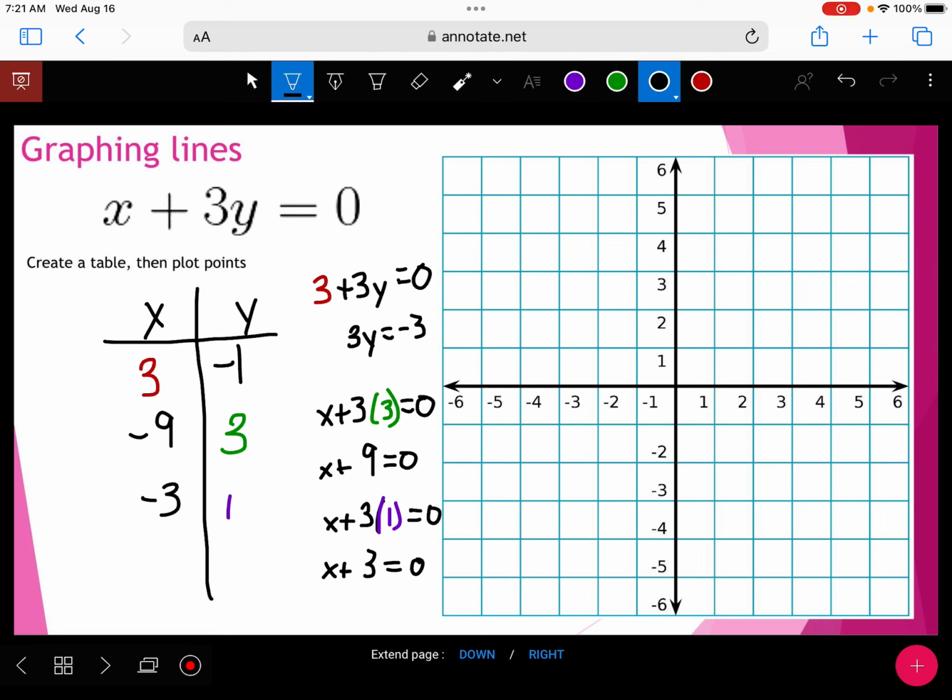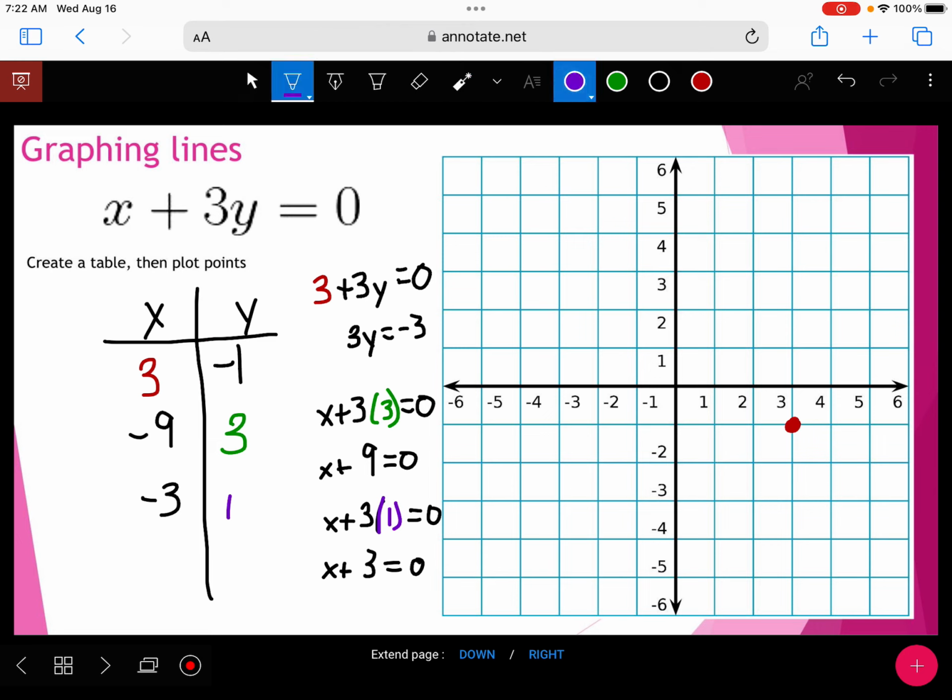Okay, we have wound up with at least 2 points that'll show up on our grid. It takes at least 2 points to make a line. More is great. 2 is the minimum. We're going to have the points 3, negative 1, so we've got 1 right here. Negative 9, 3 is way off my grid. It's off this way.